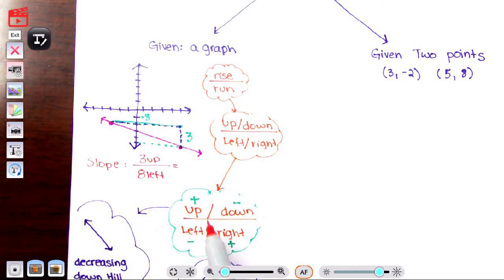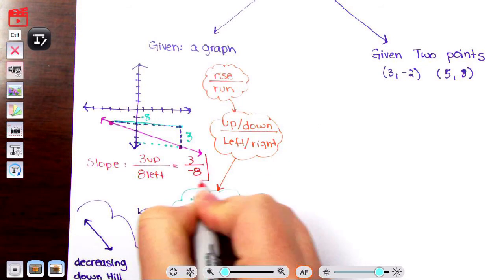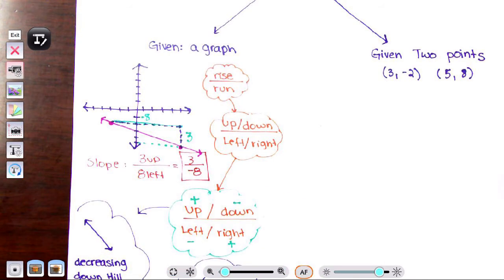So that means up is positive, 8 is left, so it's minus. And you're going to simplify, and that is your slope. We'll do plenty more examples later on, but that's just an introduction.